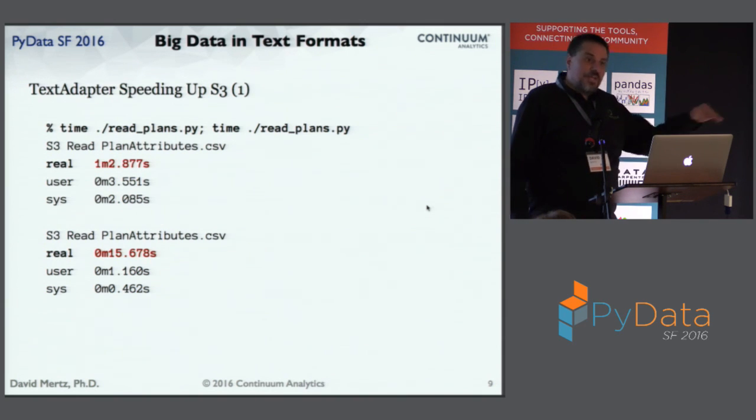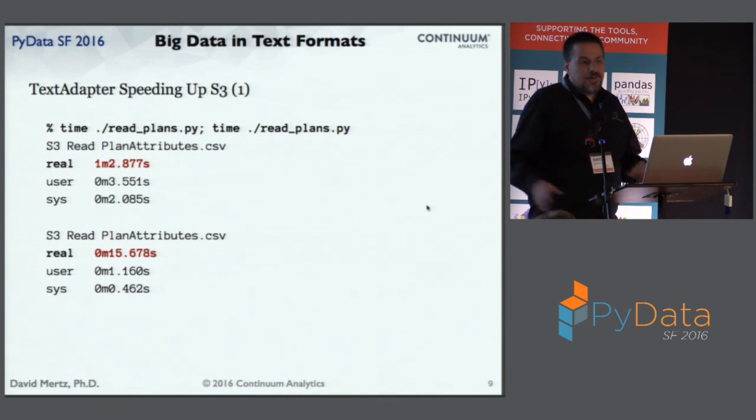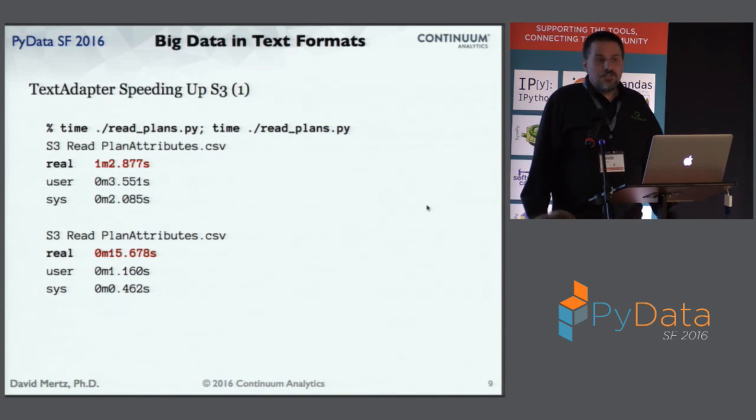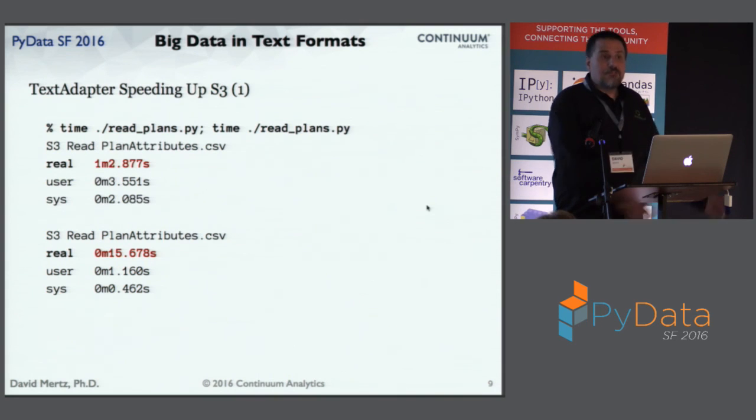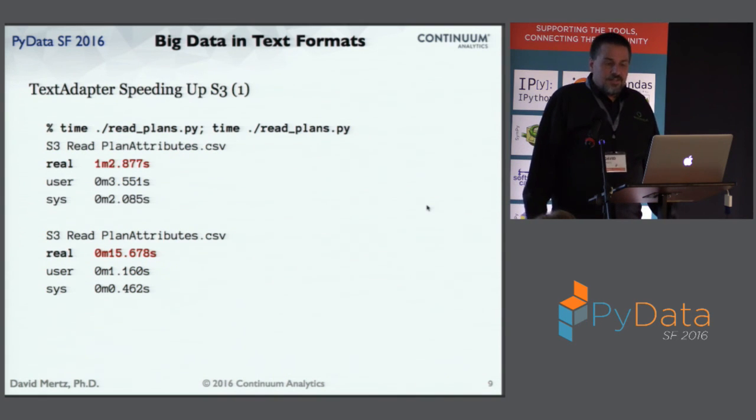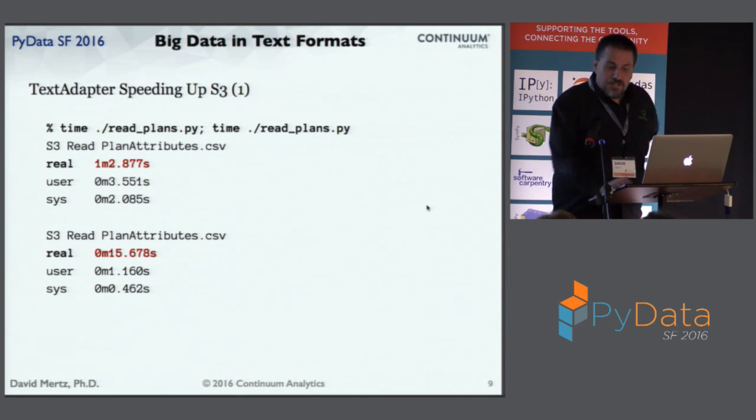So you can't just read to an exact seek position, you still have to read a block. But if there were 100 times as many blocks, you're still just reading that particular block out of the data. So if the data were 10 times as big, the first number would be 10 times as large, but the second would still be 15 seconds. So that could be a substantial win.